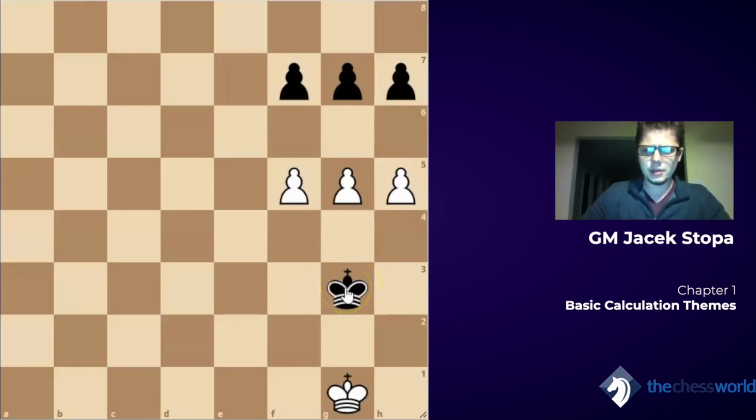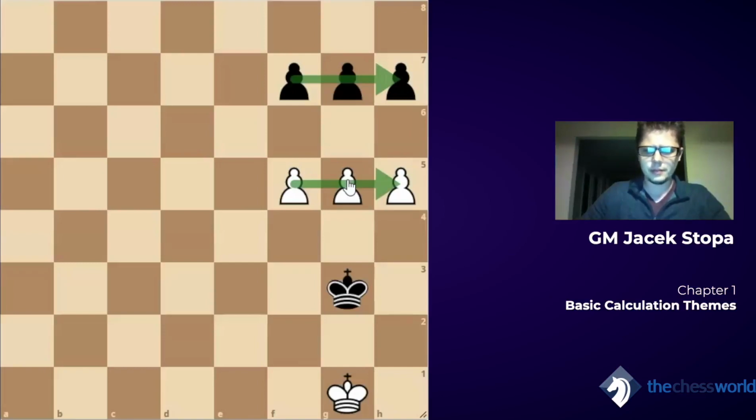We will be starting here with a few simple examples. This is an example from an endgame. It's a famous educational endgame setup where we have 3 against 3 here. And something that we should be starting with usually is the evaluation of the position.